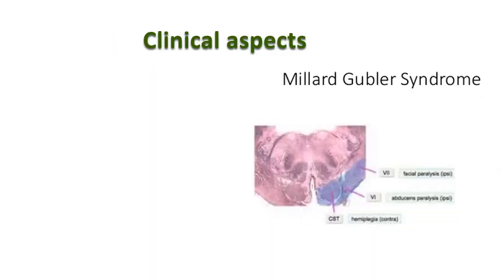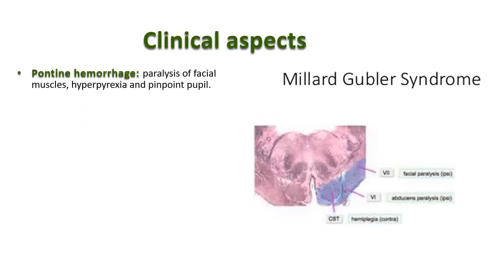And then coming to the clinical aspects. Clinical aspects of the pons, mainly pontine hemorrhage. Hemorrhage into the arteries within the pons leads to paralysis of facial muscles, because the facial nerve is damaged.